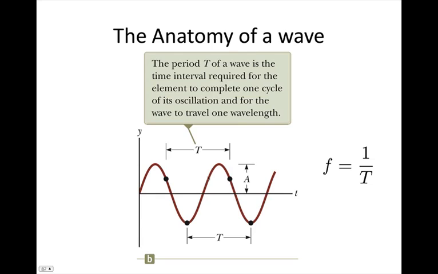So the point travels up and then it travels down again. The period of the wave is the time between 2 crests or between 2 troughs, or we can say it's the shortest time interval between 2 points on the wave that are perfectly in phase with each other. The frequency is always the inverse of the period.